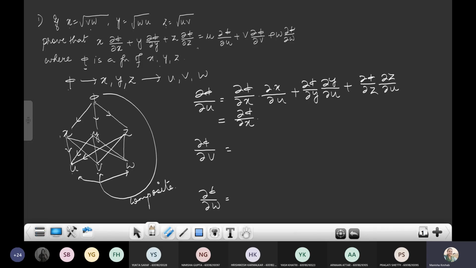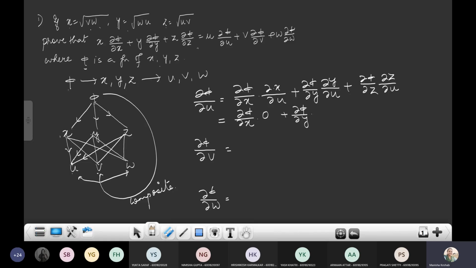So if x is root of vw, then del x del u, there is no u, that means u power is 0 here. So del x del u will be equal to 0, plus del phi del y. Similarly, phi with respect to y we don't know, so we will write it as del phi del y, and del y del u. So what will be del y del u?